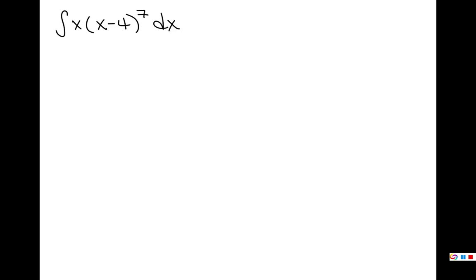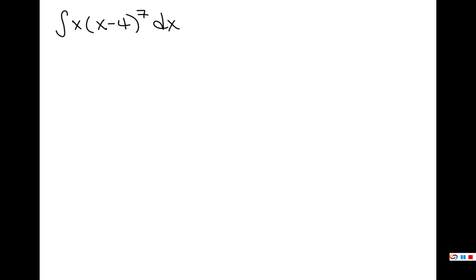All right, so we want to integrate x times x minus 4 to the 7th. We're going to try to use a u substitution here because there is no product rule for antiderivatives, and I really don't want to expand that x minus 4 to the 7th. That would take forever. So the first step is to pick something to be the u.